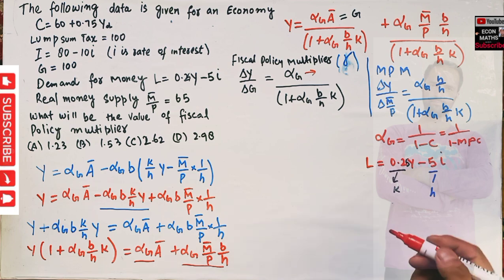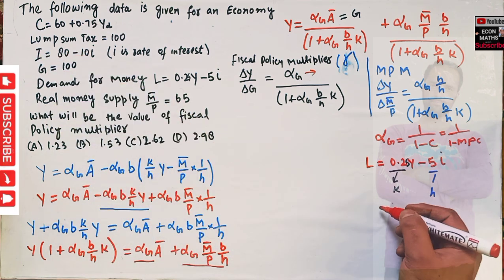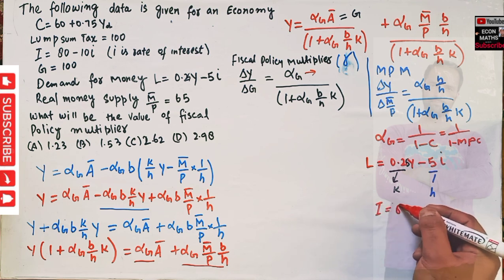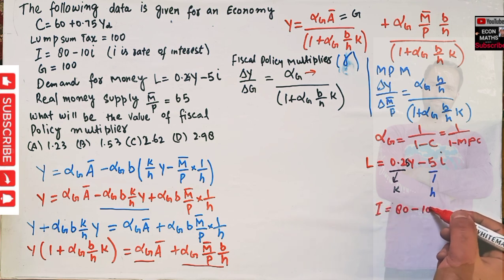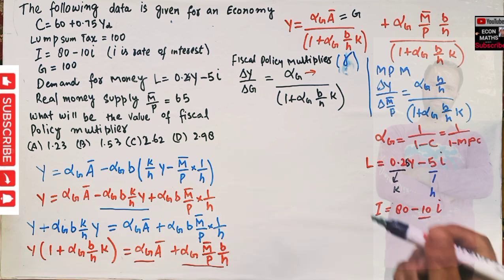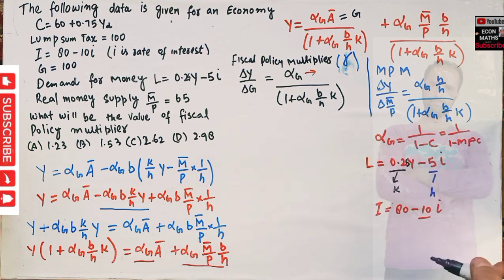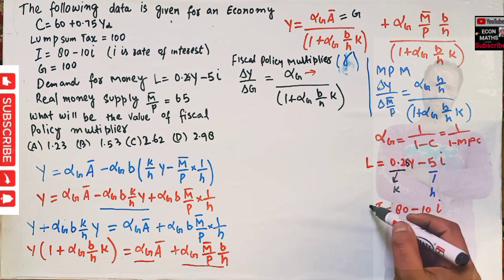And what was our planned investment function? Here I is equal to 80 minus 10i. This 10 denotes our b, so this is our k and h, and this is our b.